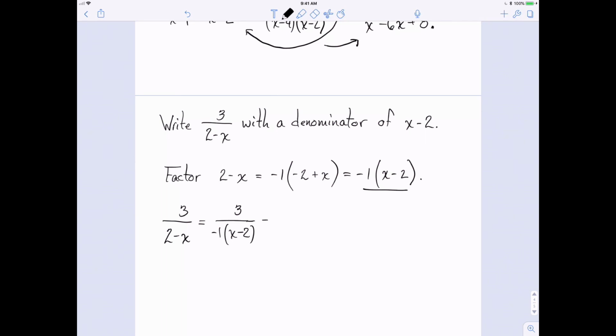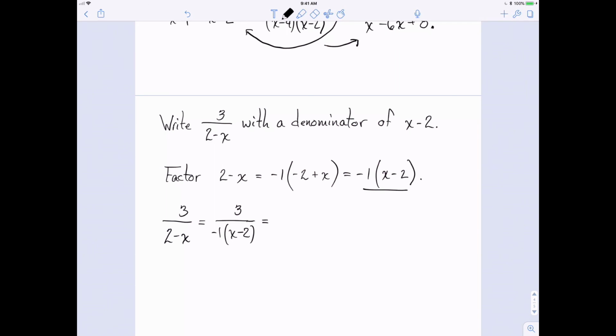Now, in a couple videos prior, we said that the negative sign can either be left in the bottom, it can be moved to the numerator, or it can be moved out in front. And all three ways of writing it are exactly the same. We don't want to leave it in the denominator because our goal is to have an x minus 2 by itself, not a 2 minus x or an x minus 2 with something else.